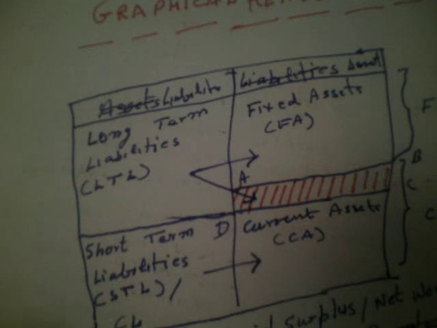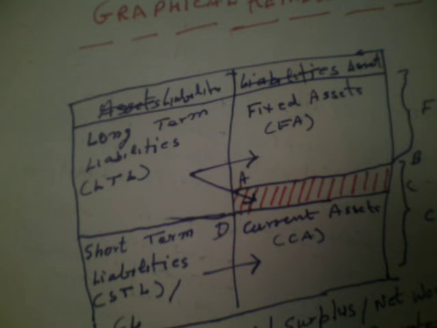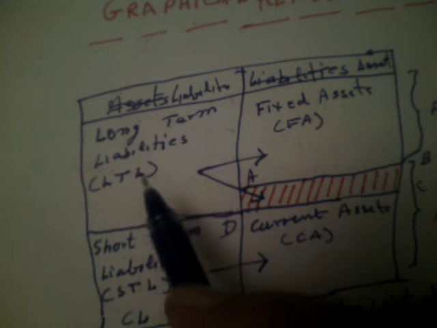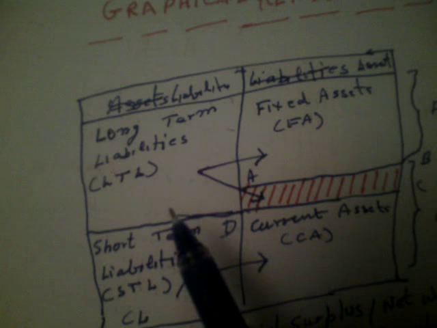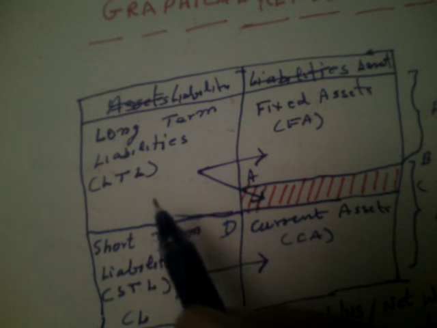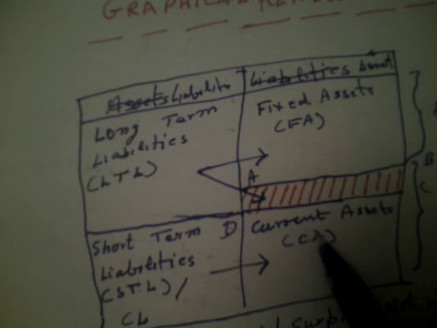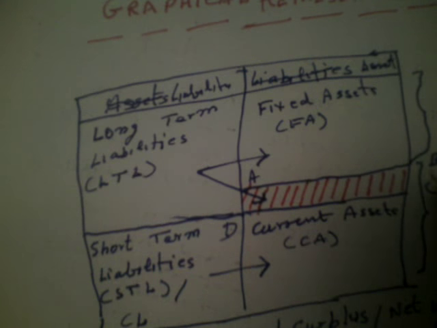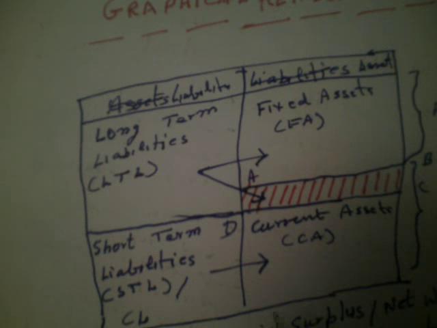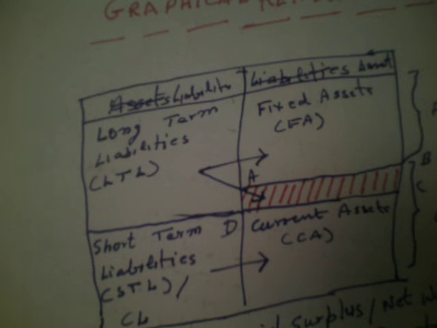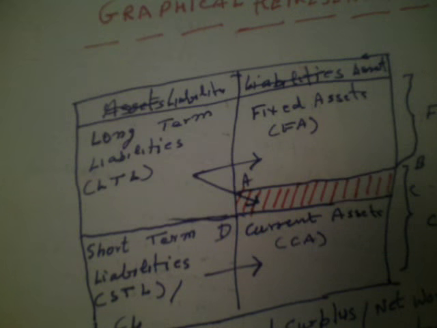Now what you are finding here, this shaded portion, what is it? It shows long-term sources, long-term liabilities. A portion of that long-term liability will go towards the acquisition of current assets, as the promoters have to bring in their margin, as prescribed by the bank or financial institutions.